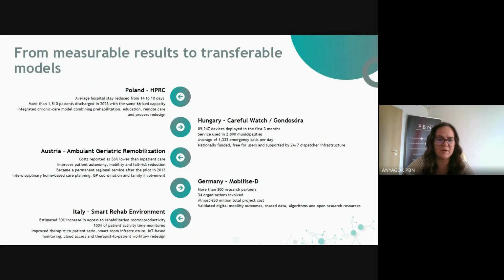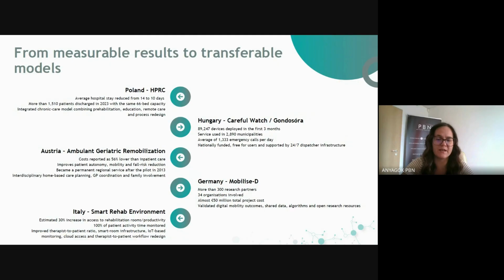From Germany, Mobilize D shows transferability through validation and standardization. It brought together more than 300 partners from 34 organizations and developed validated digital mobility outcomes supported by shared data, algorithms, and research resources. From Austria, I would highlight ambulant geriatric mobilization, which shows a sustainable outpatient model for elderly, multimorbid patients.